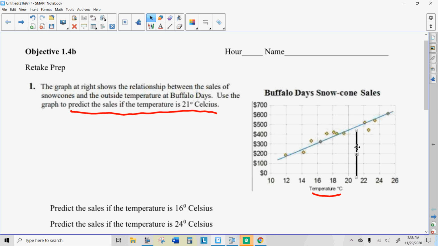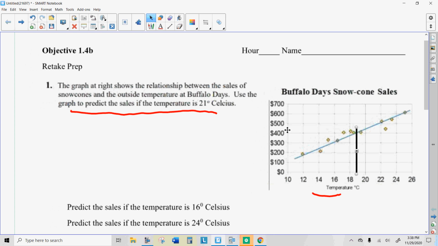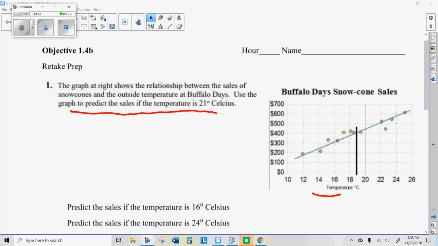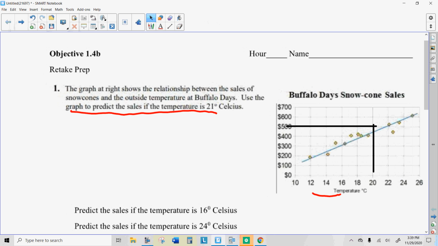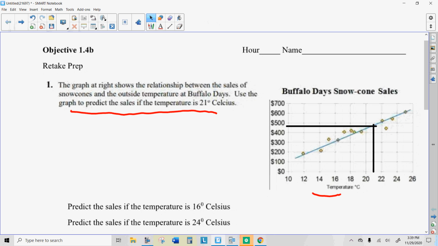Right about there, it looks like about there, so I'm going to just say maybe $475 about.